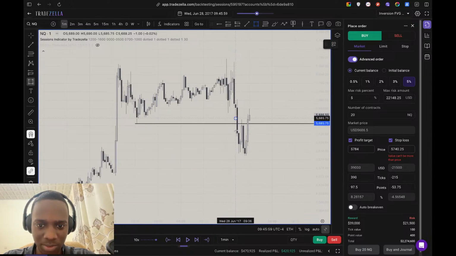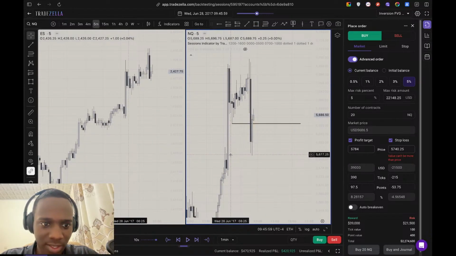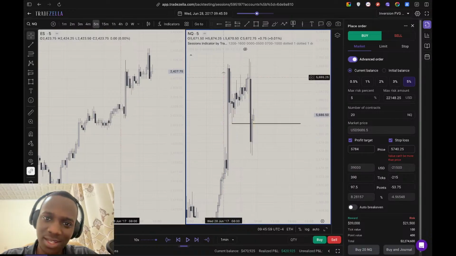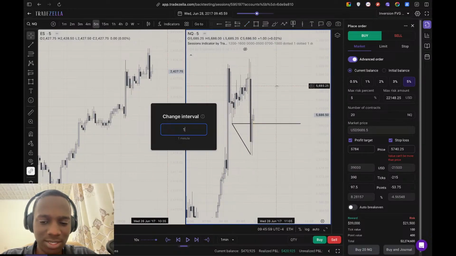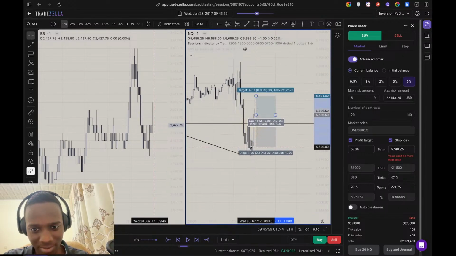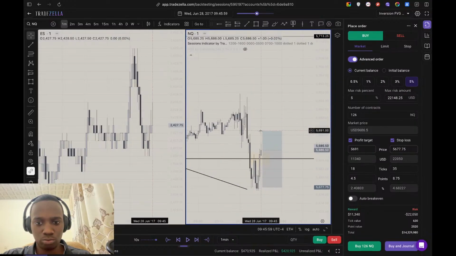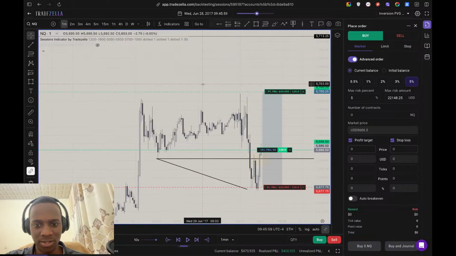Right, we have a good 1 minute inversion right here. And yes, we expected an SMT over here. Now this is a small 5 minute gap tap, so I don't think it will terrify me that much. This will be like the best obvious draw.